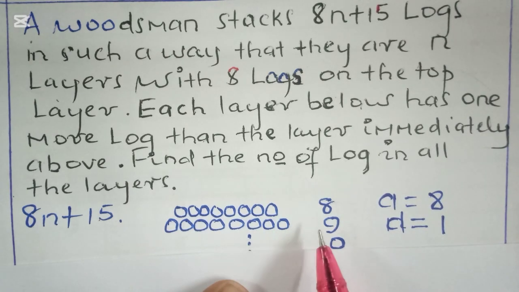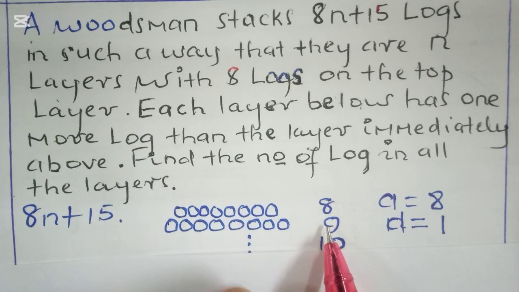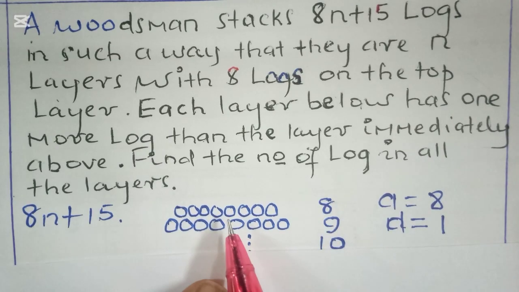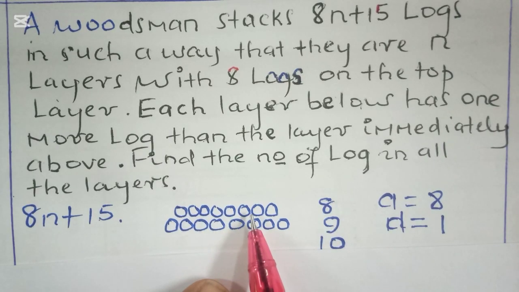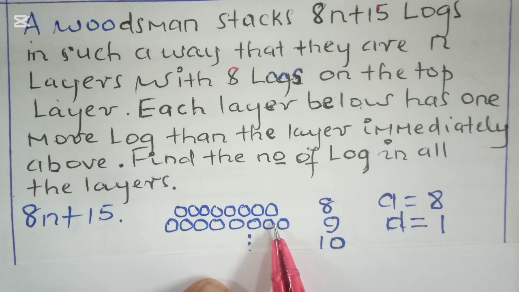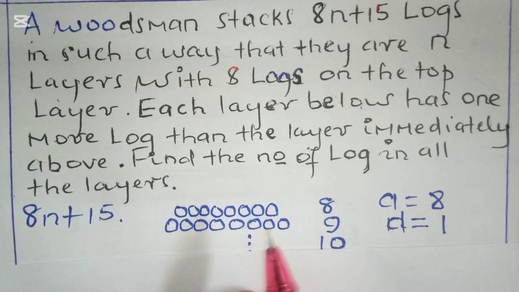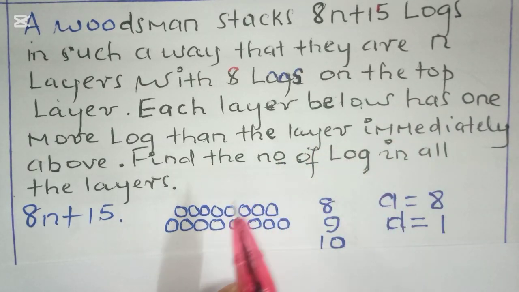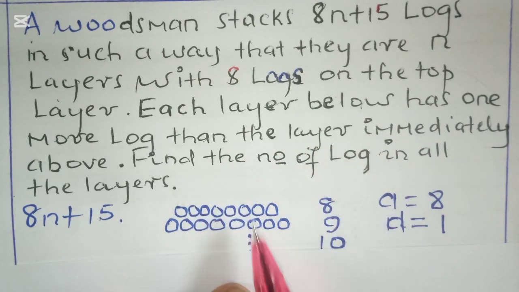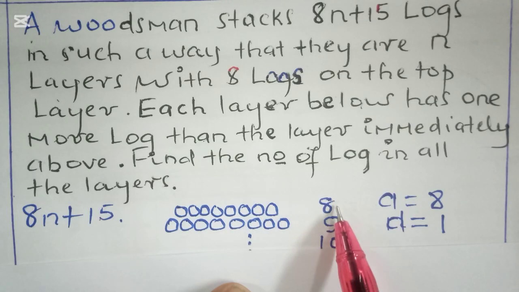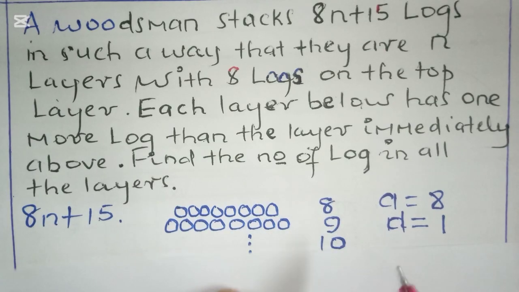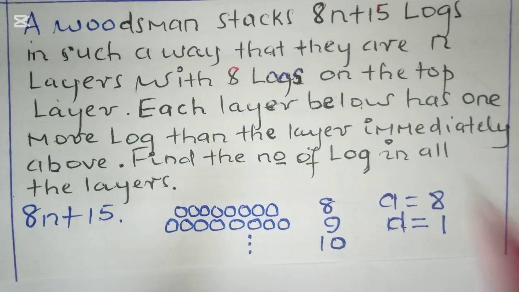The layer below has one more log than the layer above it. In other words, each layer below has one more log than the layer immediately above. So if this one has 8, this one has 9, then the next one will have 10.